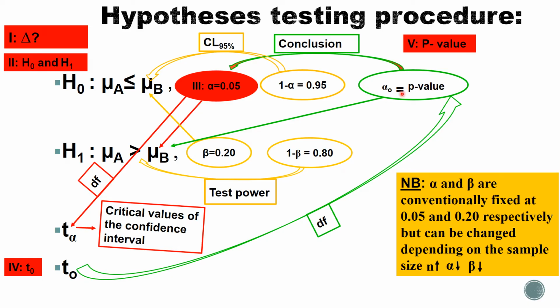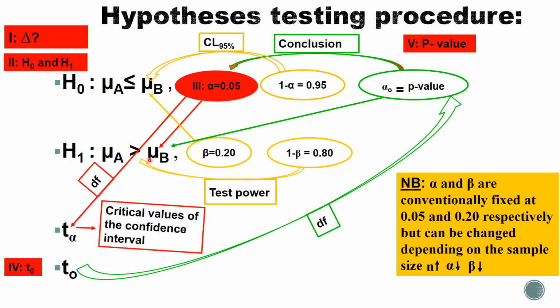But if p-value is greater than the norm, what we are trying to say is that there is an even higher probability that the difference we have obtained on our sample, or on the two populations, would be due to random sampling error.